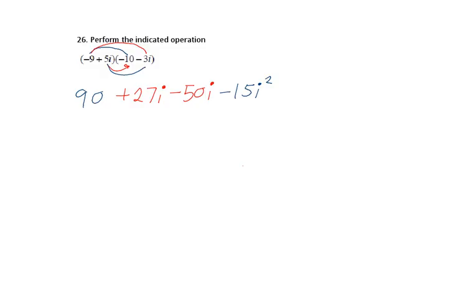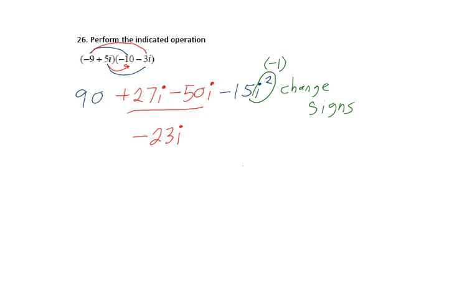A couple of things are going to happen here. First, the middle. 27 minus 50, that's negative 23i. And then at the end, the i squared means negative 1. But if you didn't know that, you don't have to. What you do have to know is i squared, its role is to change signs.